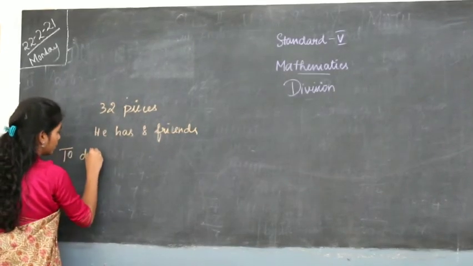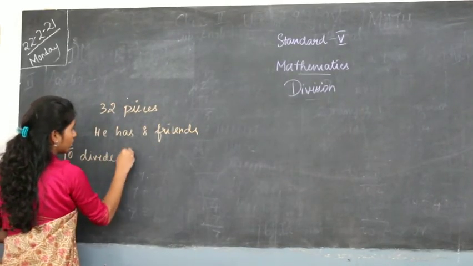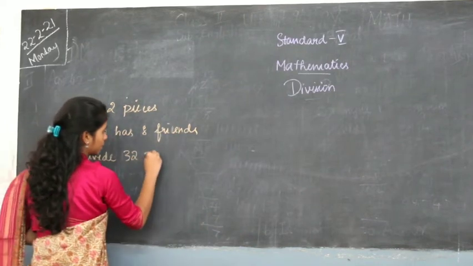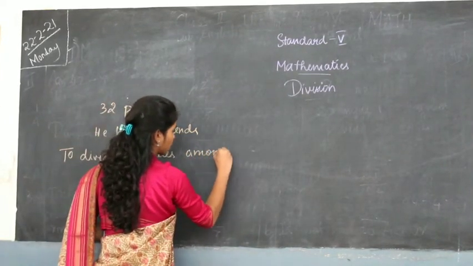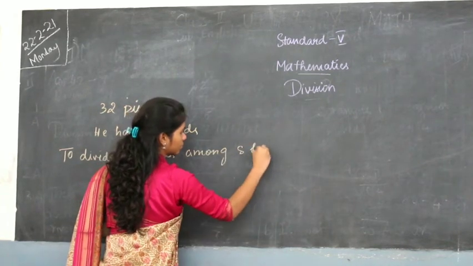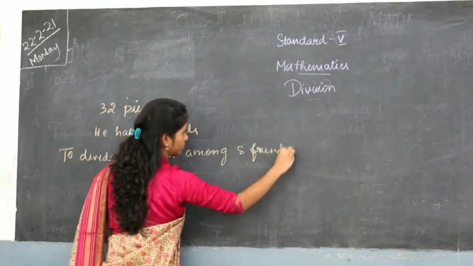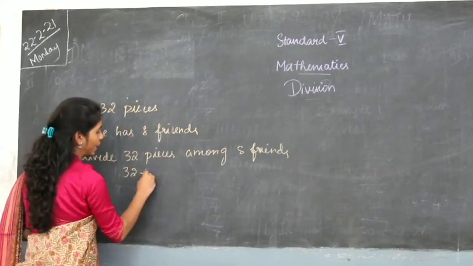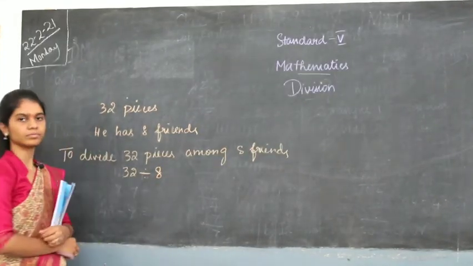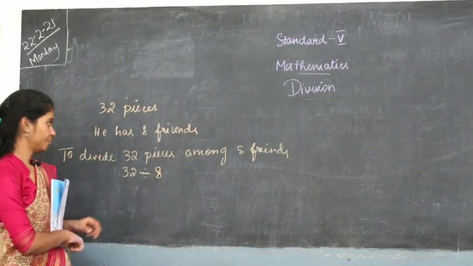To divide 32 pieces among 8 friends, what you have to do is you have to divide 32 by 8. So think about it.